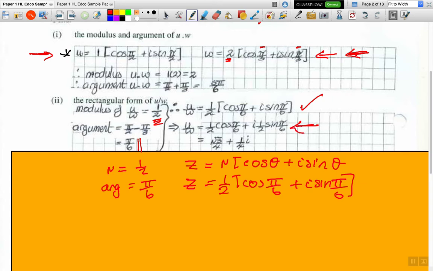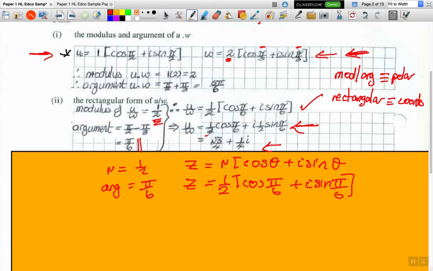And can I remind you, rectangular form is the same as Cartesian form, and modulus argument form is the same as polar form. So modulus argument form is equivalent to polar, and rectangular form is equivalent to the coordinate form, which is what we have here.